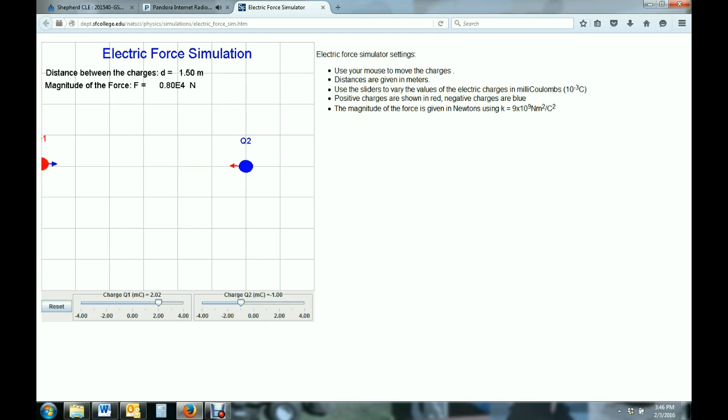Here I'm at 1.5, and here I'm at 2. When we were at 1 meter apart, if you might recall, the force was 1.81 times 10 to the fourth newtons, and now it is at 0.45 times 10 to the fourth. So when I doubled the distance, the force went down by a factor of 4.